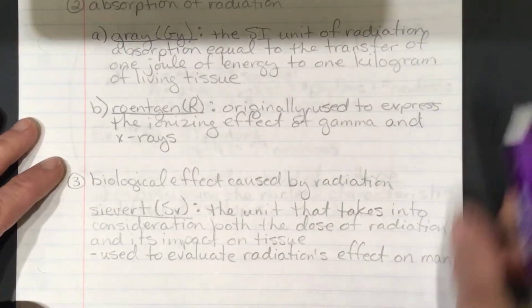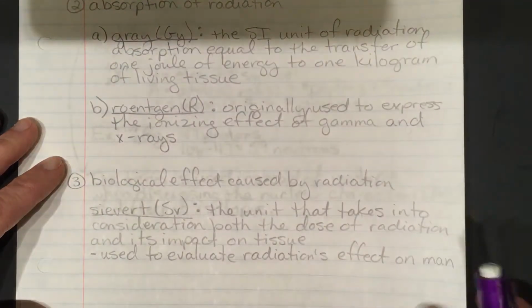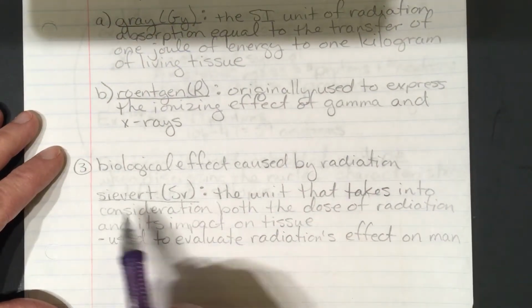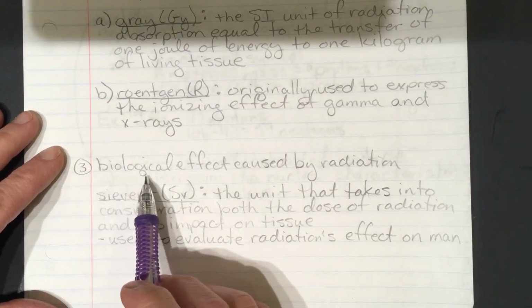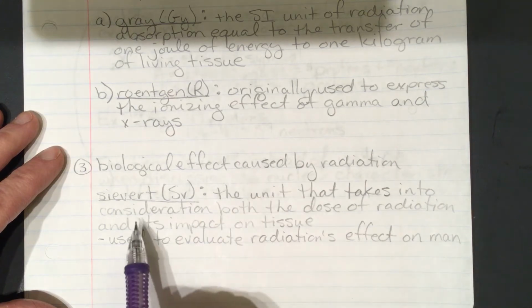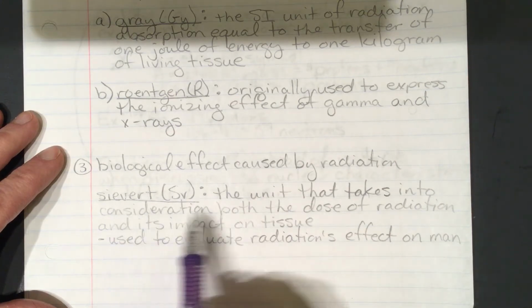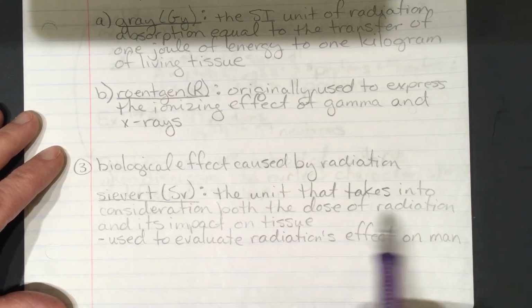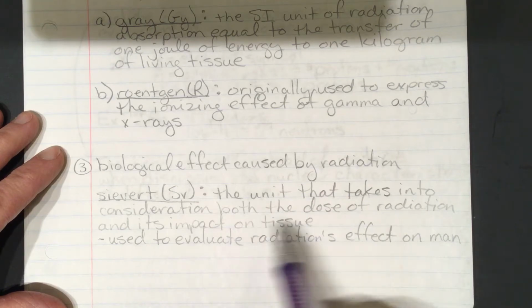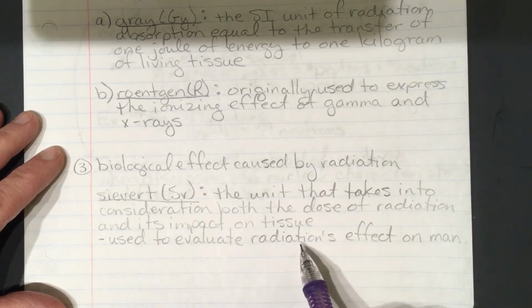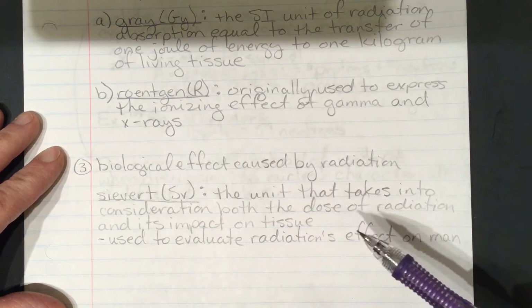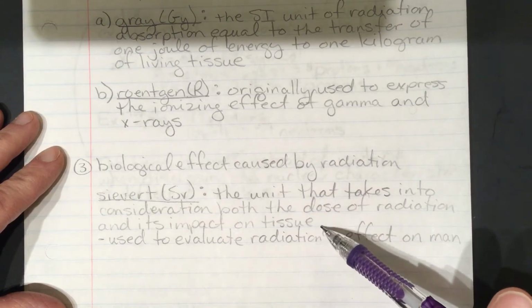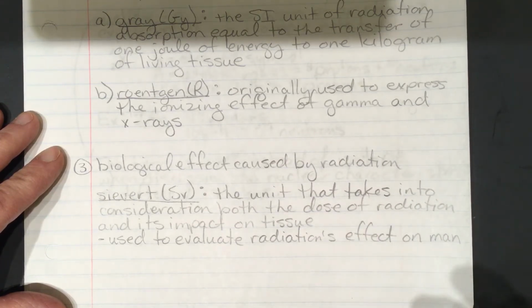So we need another unit, and that is this third one, which measures the biological effect caused by radiation, and that is a sievert. This is the unit that takes into consideration both the dose of radiation and its impact on tissue. So the gray is the dose, and this also takes into account that some of these forms of radiation are higher energy than others.